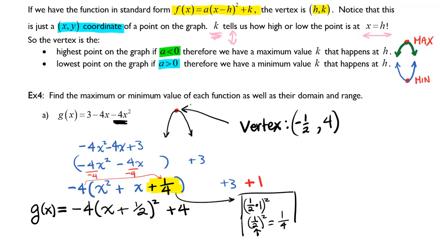So that's the maximum. If I want the domain of this function, I know it is all real numbers, so negative infinity to infinity. And the range is going to be from negative infinity, because that's how far down it goes. It just keeps on going downwards. But the maximum, the highest value, is going to be at 4. So this exists from negative infinity all the way up to 4, and you always include the maximum.